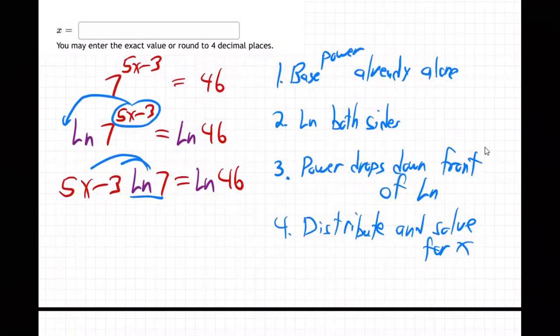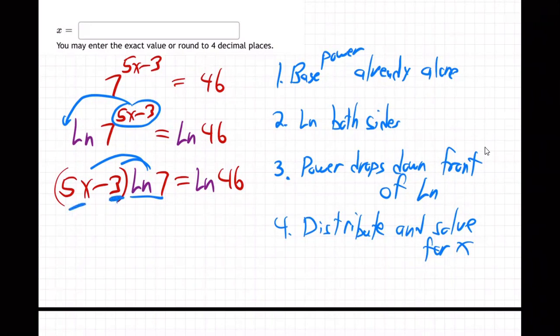And that would be wrong, because the whole 5x minus 3 was the power. So the whole 5x minus 3 must multiply the ln 7, which means you've got to have parentheses to say this whole group multiplies the ln 7. And then you distribute the ln 7 to both of those.